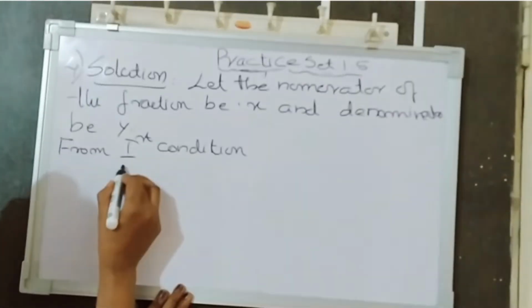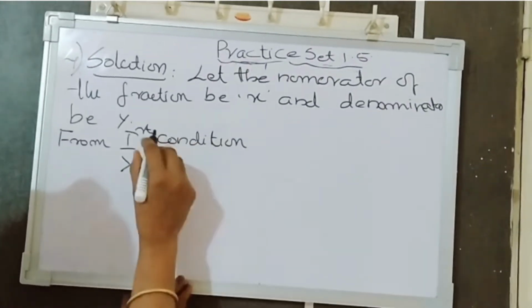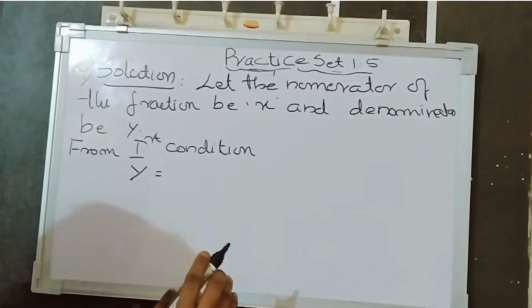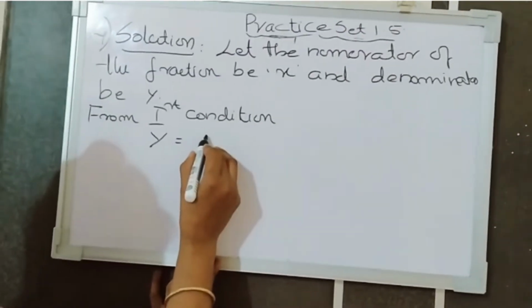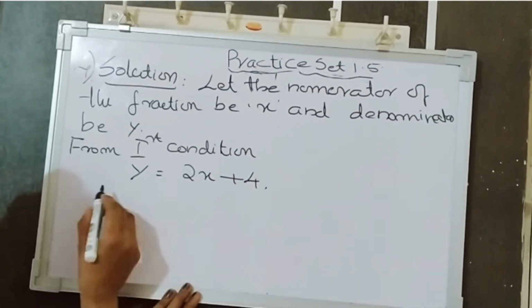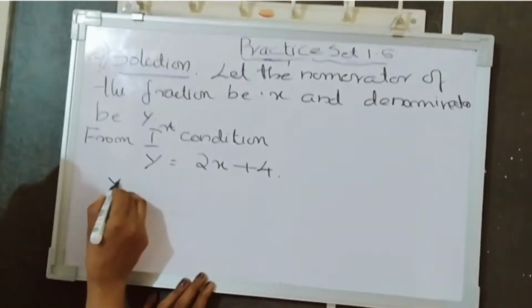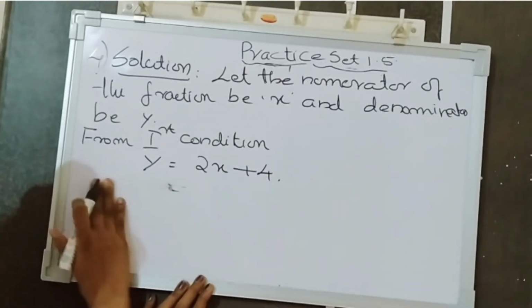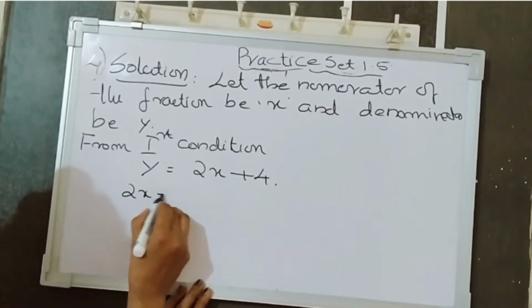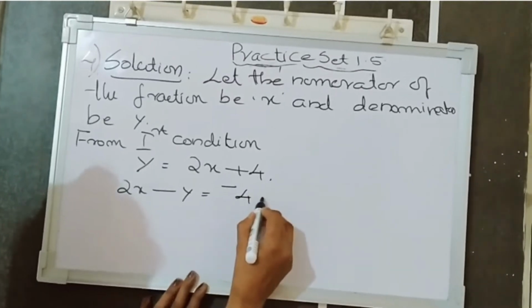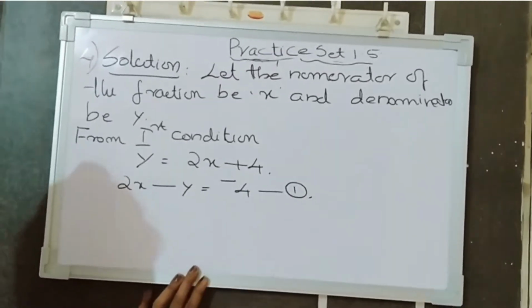Denominator of the fraction means y is equal to 4 more than twice the numerator. Therefore, y minus 2x is equal to 4, or 2x minus y is equal to negative 4. This is equation number 1.